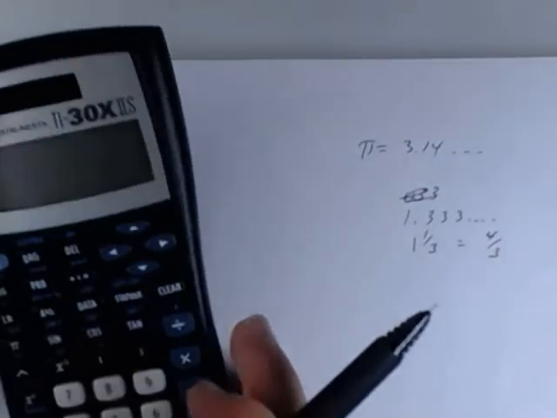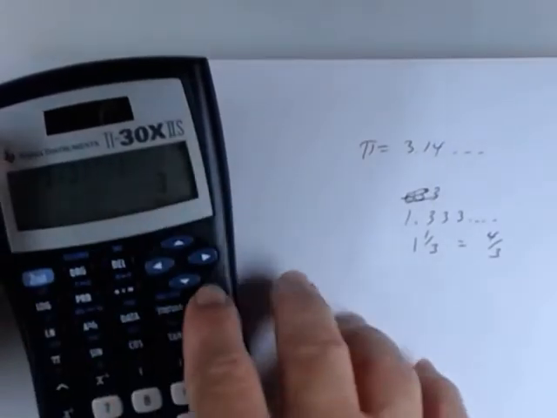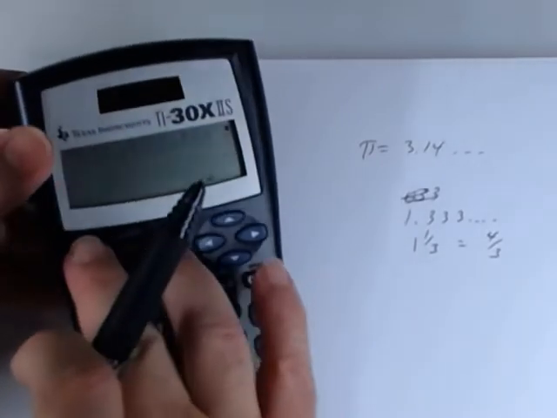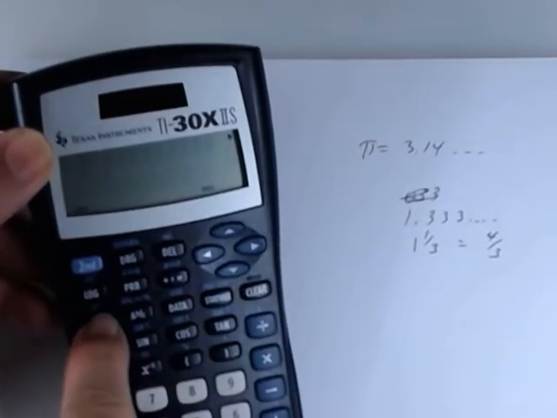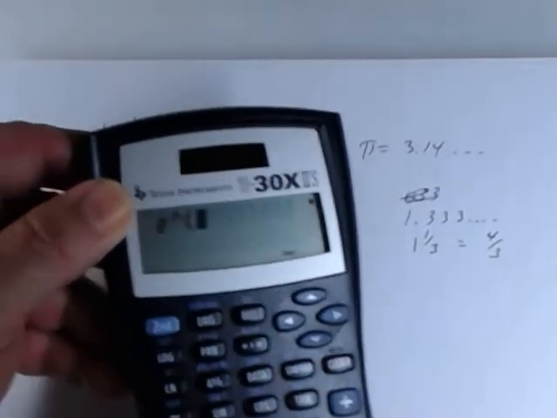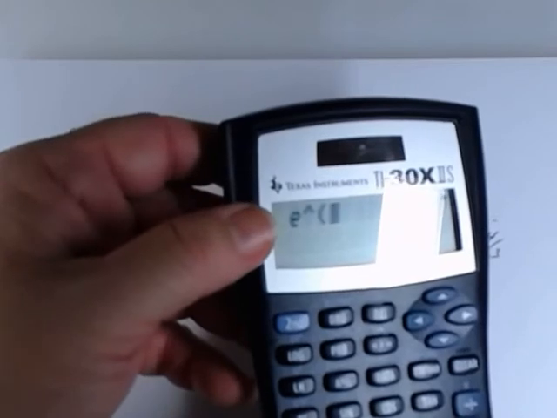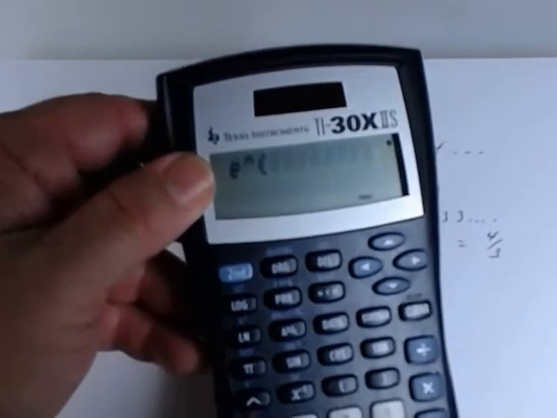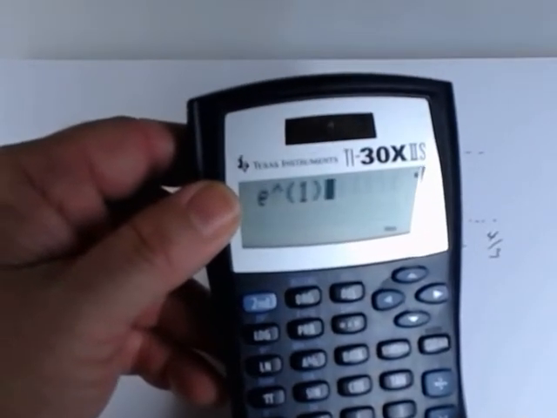But when you look at your calculator, to find what e is, you're going to press second first, and then press that LN button. And you see that e to the x shows up, see it? e to a power. Then type in 1, and then close it. So I'm trying to find e to the first power.